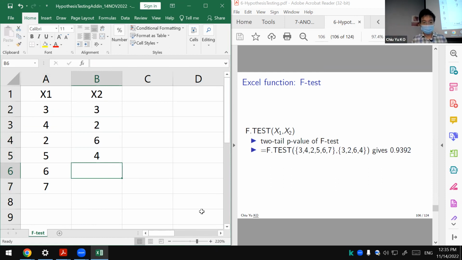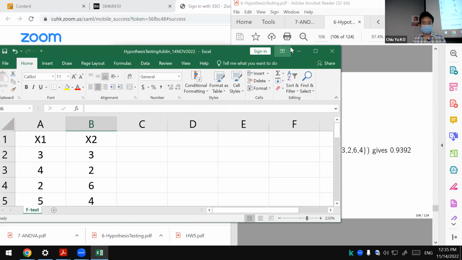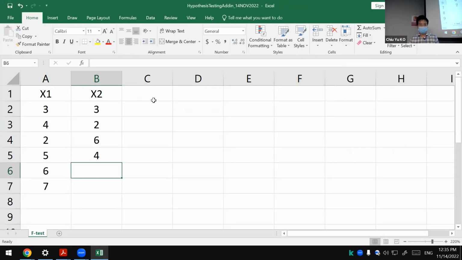So I want to do the F-test, and let us do it from scratch. How can we do this from scratch for the F-test?